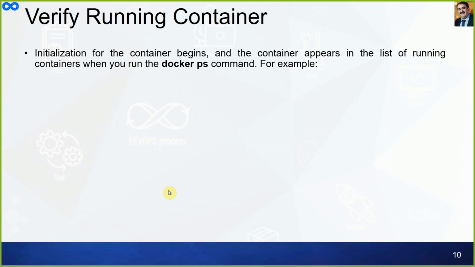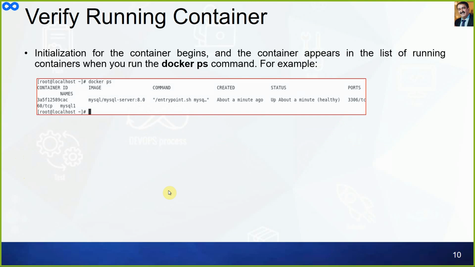Initialization for the container will begin, and the container will appear in the list of running containers when you type the docker ps command. Because MySQL is a non-terminating container, it runs as a daemon process. So therefore, you will get this ps command output.